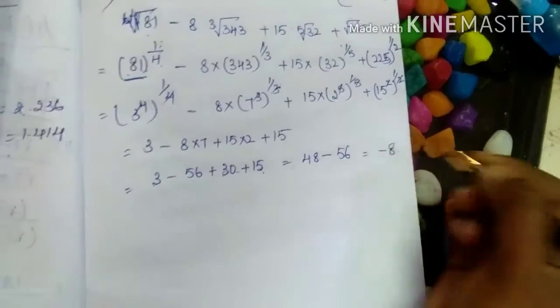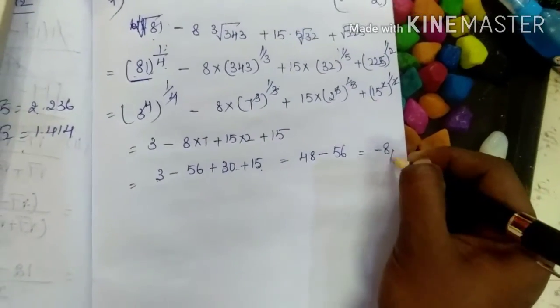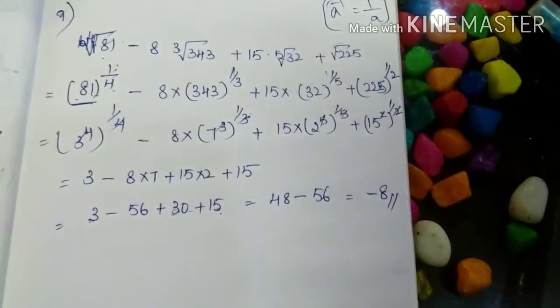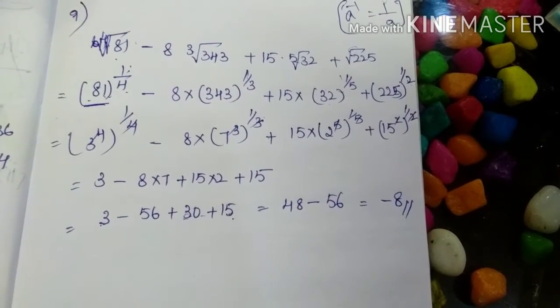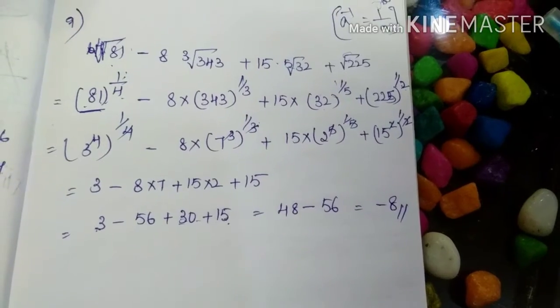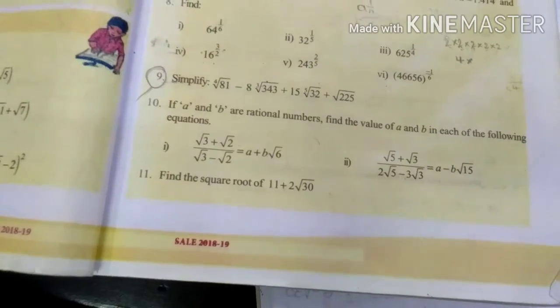Finally you will get minus 8. Minus 8 is your answer. Are you clear? Just observe, understand the problem. Clear? Good. Next, see the 10th one.